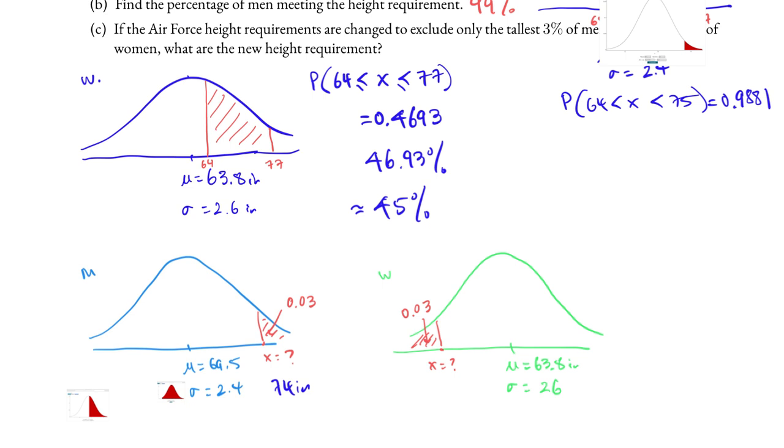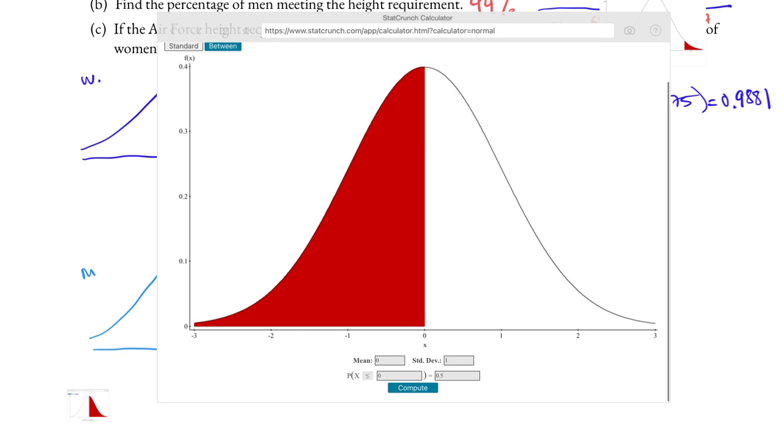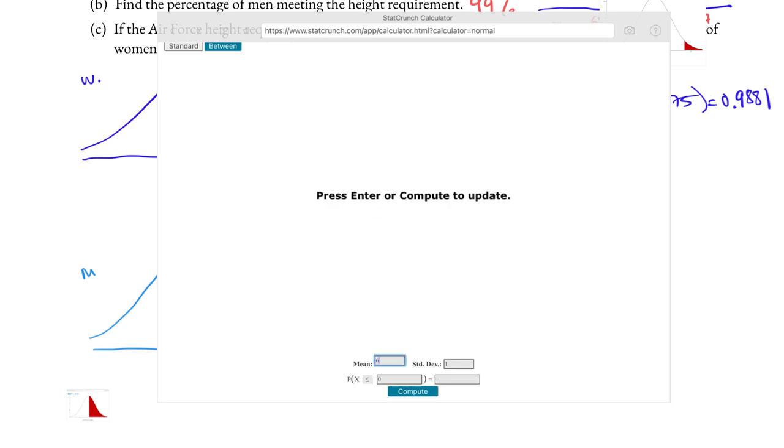We then do the same for the woman distribution with the mean 63.8 and the standard deviation of 2.6. This time the inequality has to be less than or equals because we're looking for the bottom, or the shortest 3%. Leave the box inside the parentheses empty. The area given is 0.03.